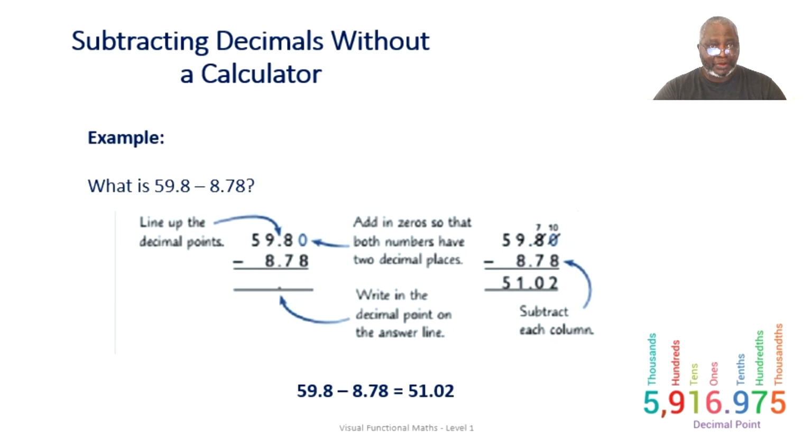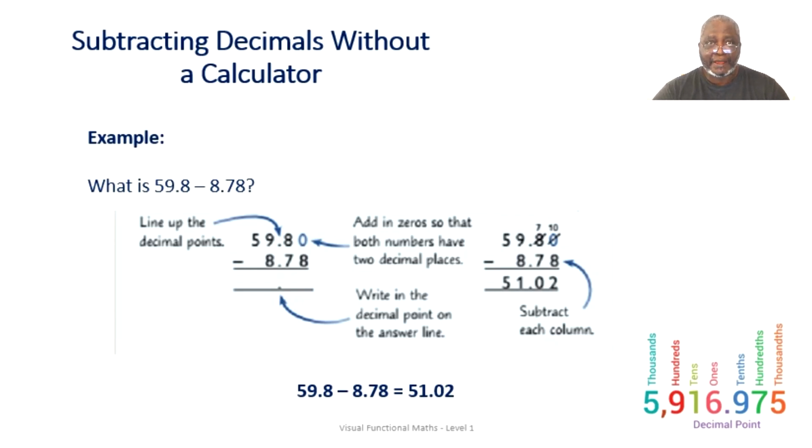59.8 minus 8.78. 59.8 is written down, and then the 0 is added to fill in the decimal gaps. Note that the decimal points are lined up, and then 8.78 is written as it would normally appear.